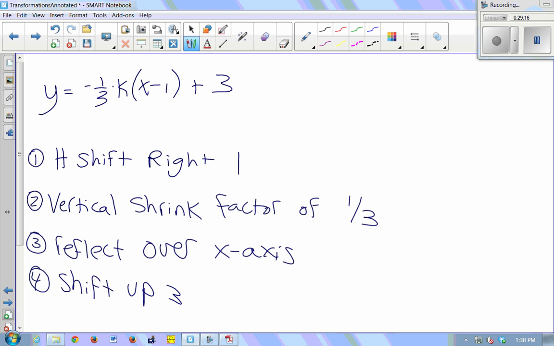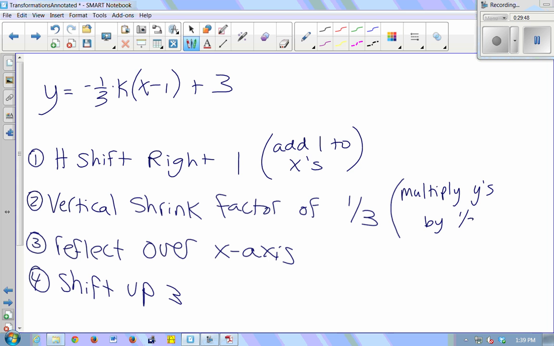I'm going to draw them in 4 separate increments. It's hard to do this all at once. So shift right 3 means add 1 to the x values. Okay. A vertical shrink by a factor of 1/3. What do I do to the coordinates to make that happen? Divide the y's by 3 or multiply them by 1/3. Multiply y's by 1/3.